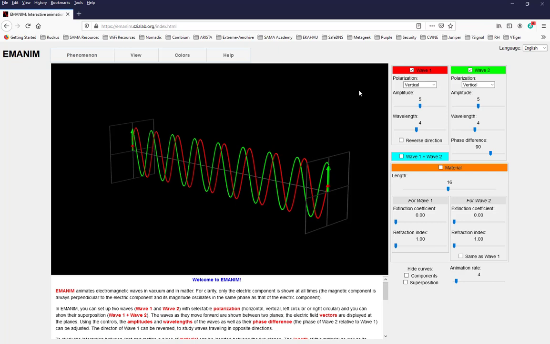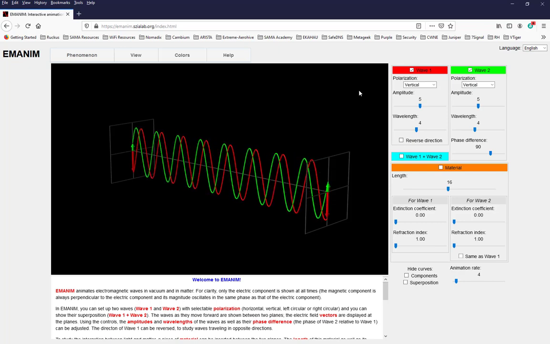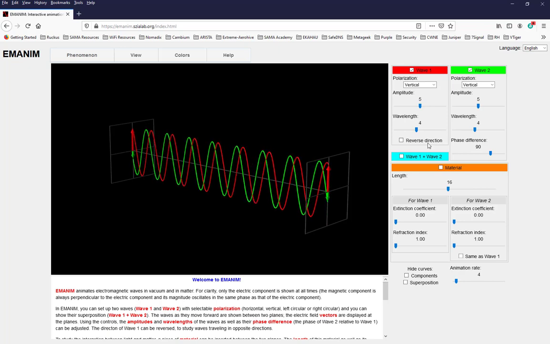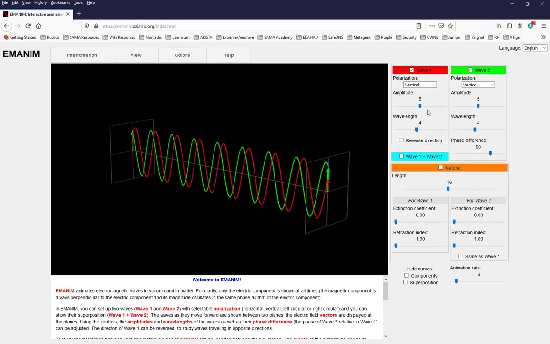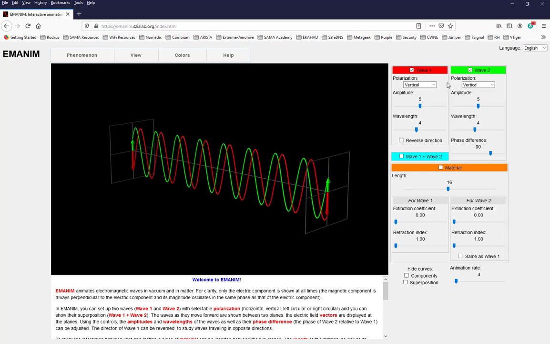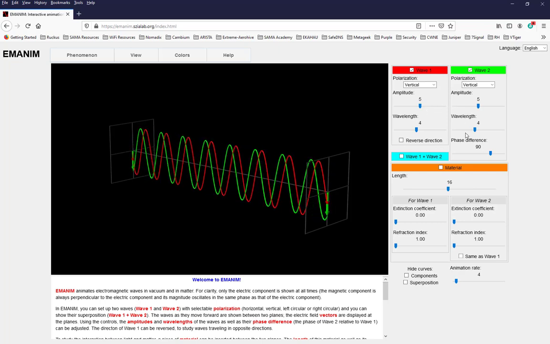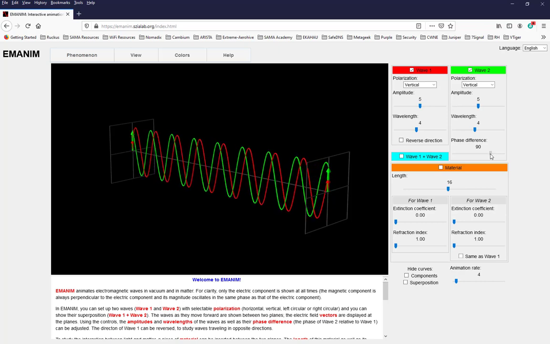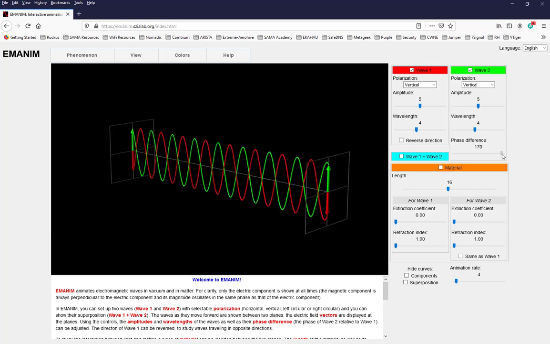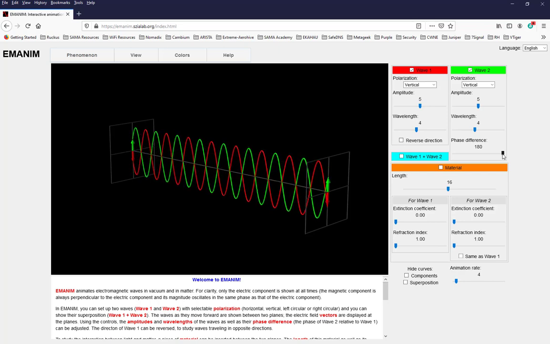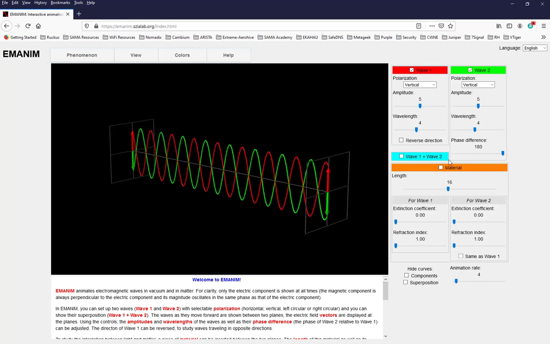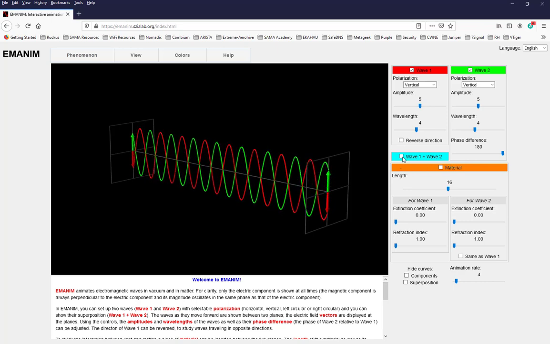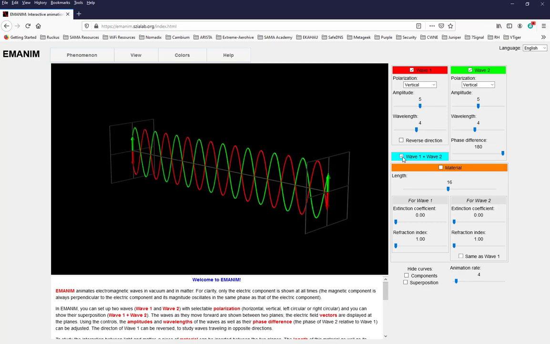This tool is called M&E. So for example, we are going to use these graphics in order to understand the phase. For example, if I have 180 degrees of phase between one and the other, we can cause something called cancellation.